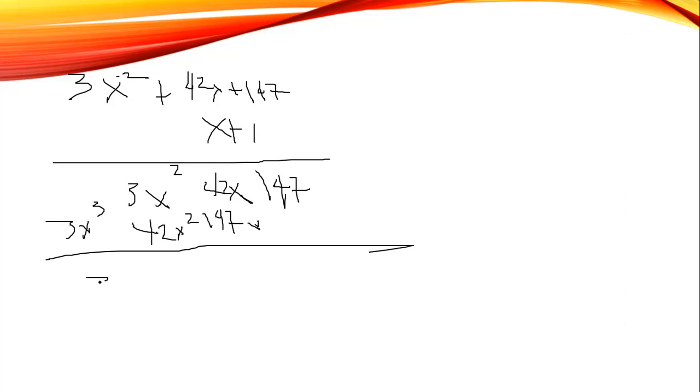So this is equal to 3x cubed plus 45x squared plus 189x plus 147. So now this is the product of 3x squared plus 42x plus 147 and x plus 1.